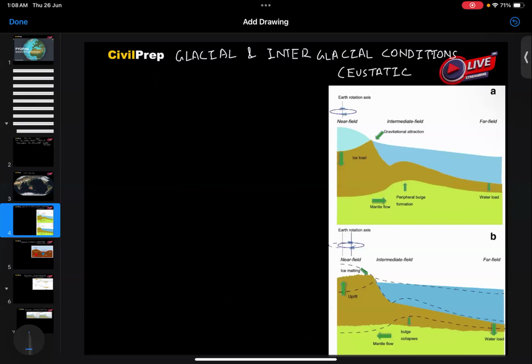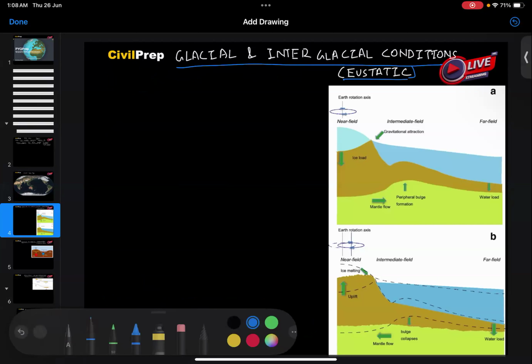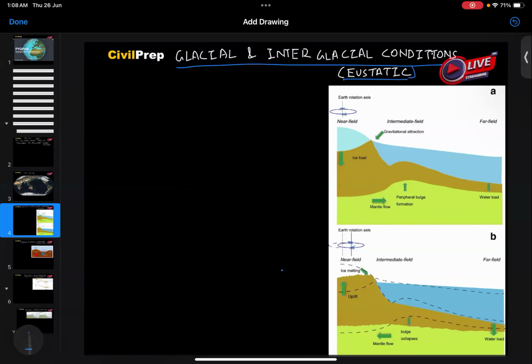Now moving forward, looking at the same aspect, the glacial and the interglacial conditions, that is the eustatic changes. Under this part, we'll see that there is formation of ice over the land, due to which the land has subsided, and this has resulted in isostatic subsidence of land.